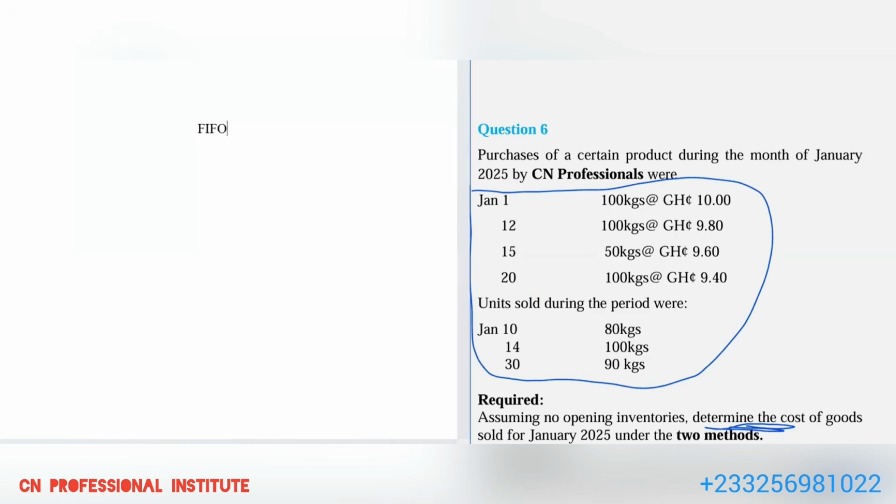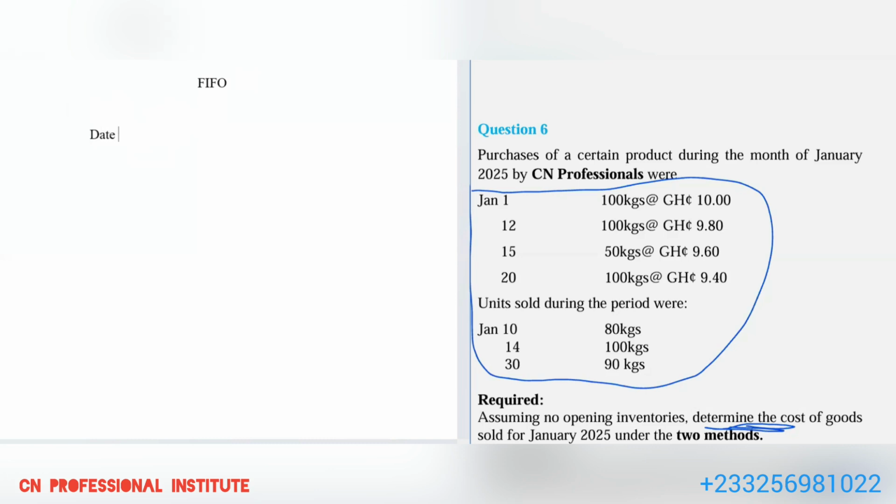First in, first out method. I'm sure you have done it before or heard something about it. If this is your first time, pay attention. If you've done it before, it's fine. There are so many ways of doing it, and people do it different ways, but let's see how I'll do it.